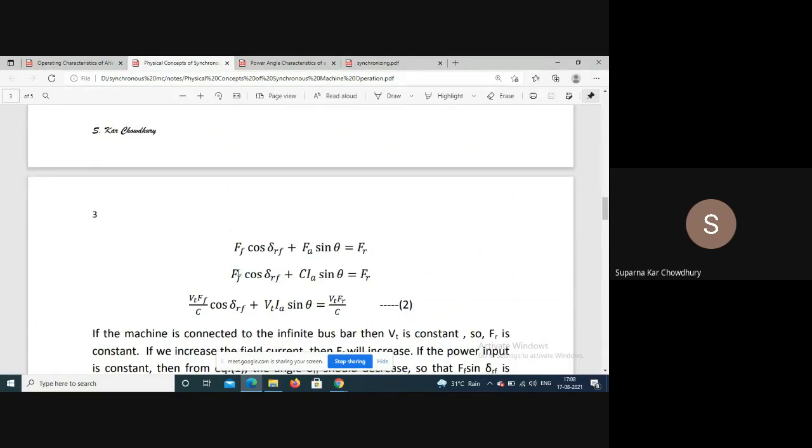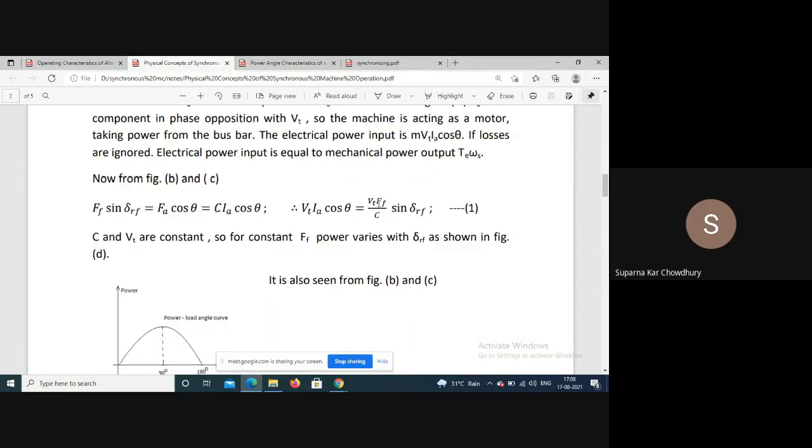Say we have increased FF. Vt is constant, so even if we increase FF, FF sin del RF cannot change. So if we increase the excitation, then sin del RF should decrease so that FF sin del RF remains constant.